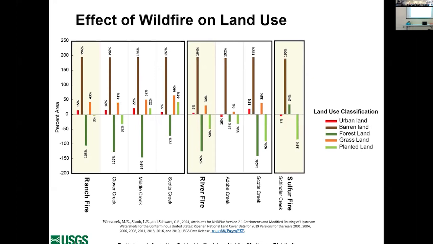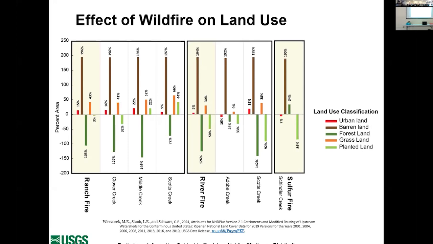Comparing the two land use types, because of the fire, after the Ranch Fire, a large percentage of the forest land got affected, mostly in Middle Creek and in Clover Creek. And that increases the barren land in those areas, right?